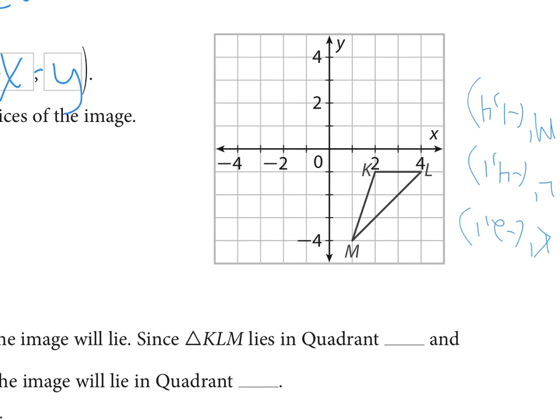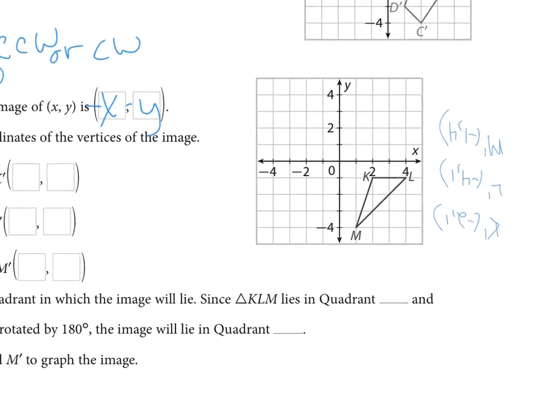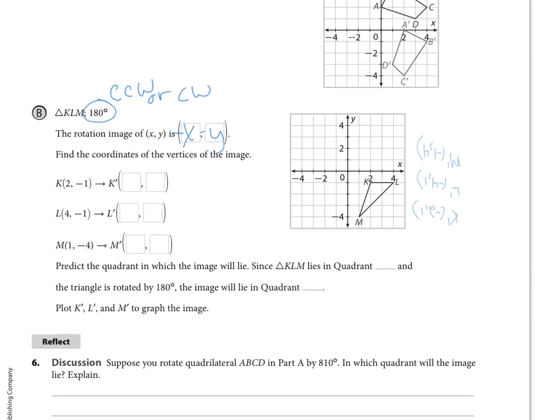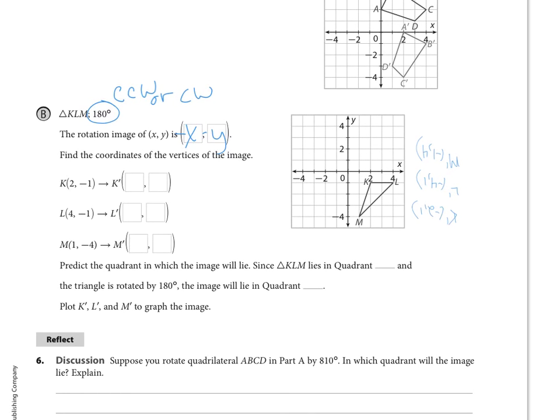Now we're going to turn our paper back to normal. So I'm doing that right now, and we'll zoom back out, and we're going to compare these points right here to what we would get if we used this rule, change the x coordinate and the y coordinate's sign only.